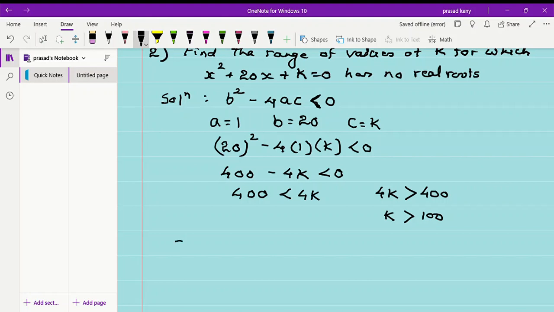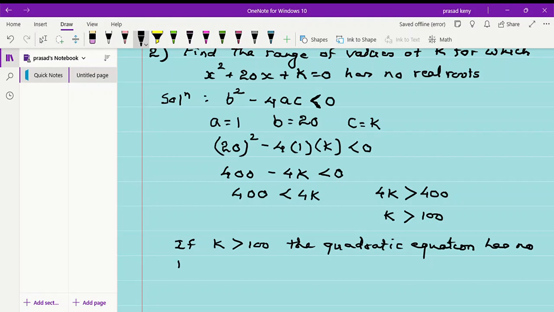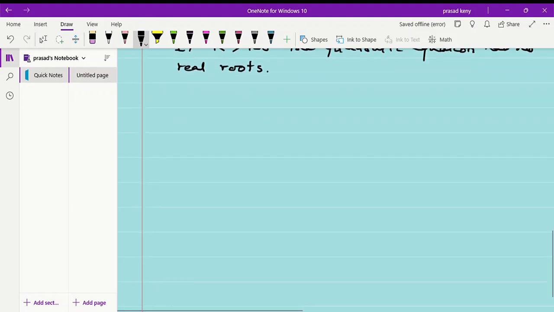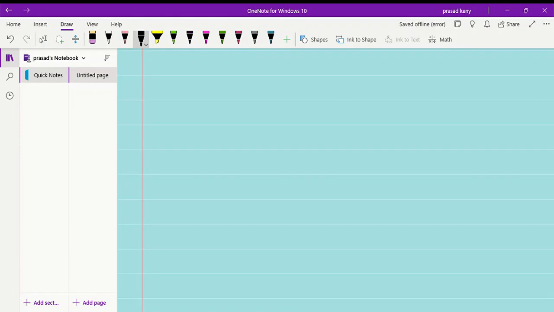So keep it in mind that when it is said in the problem that the quadratic equation has no real root, that means the discriminant b square minus 4ac should be less than 0.